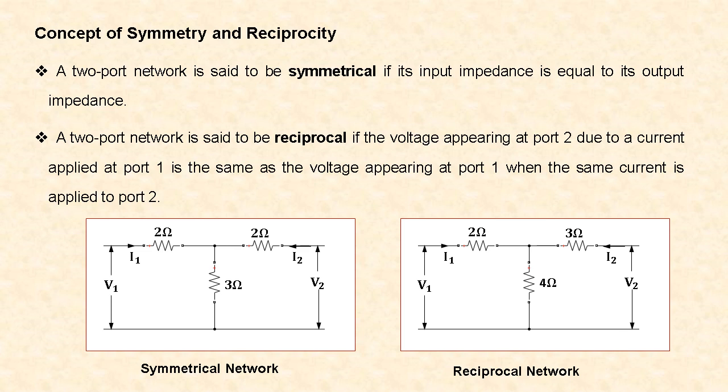And a two-port network is said to be reciprocal if the voltage appearing at port 2 due to a current applied at port 1 is exactly the same as the voltage appearing at port 1 when the same current is applied to port 2. Here the converse is also true. The figure shows an example of a symmetrical and reciprocal network.